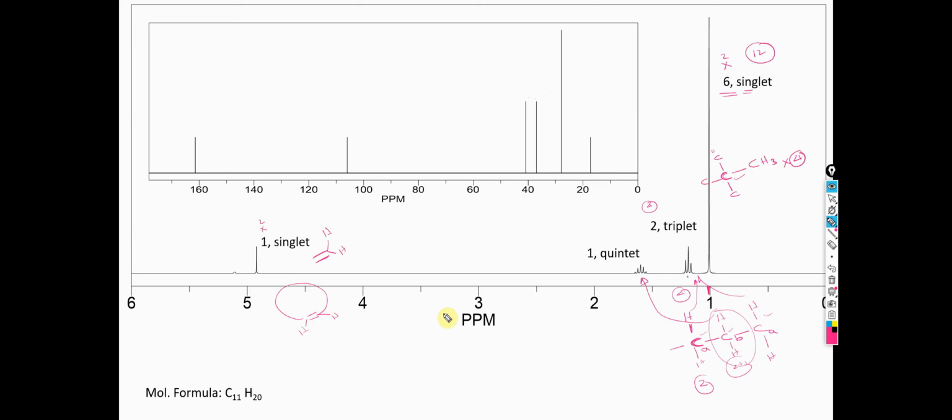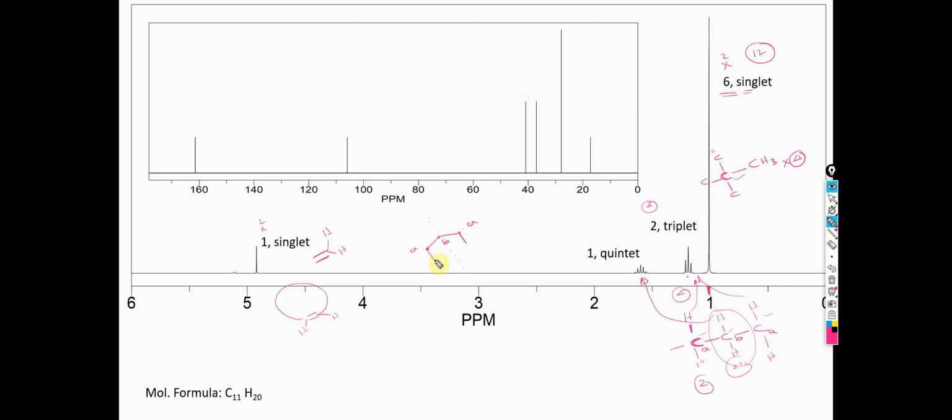Based on all this information, you can write multiple structures, and one of the structures that will match is probably going to have a CH2 CH2 CH2, where these 2 CH2s are the A CH2s, and that CH2 is a B CH2.